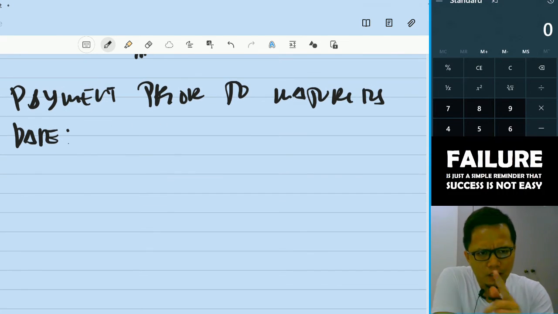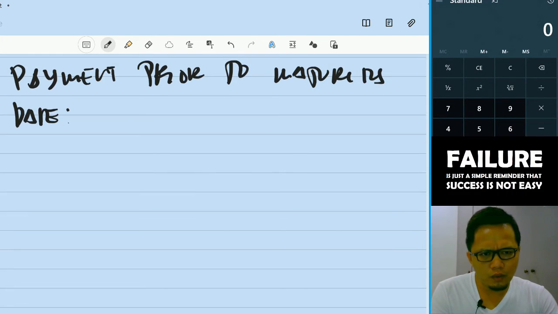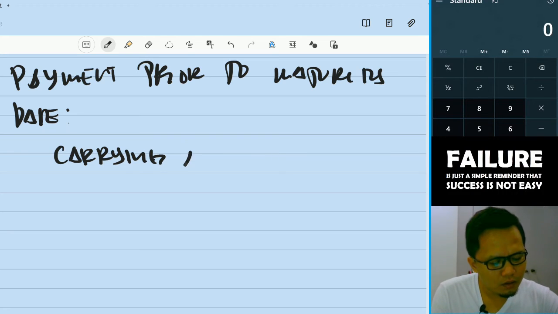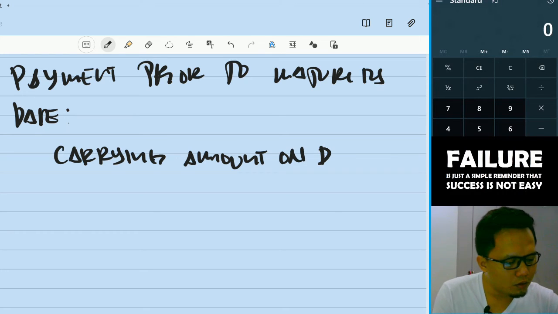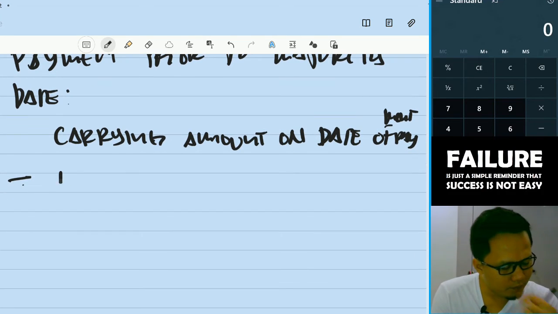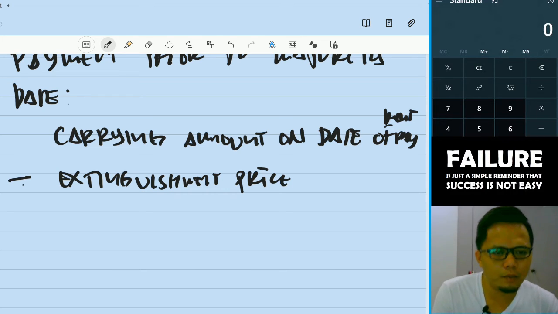So, number one, we need to compute for the gain or loss on extinguishment, which is computed as the carrying amount of the bond on date of payment, less the extinguishment price or payment price.